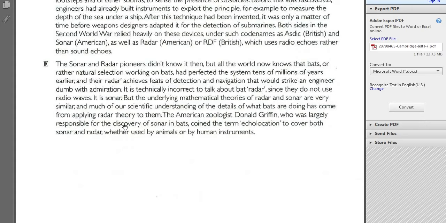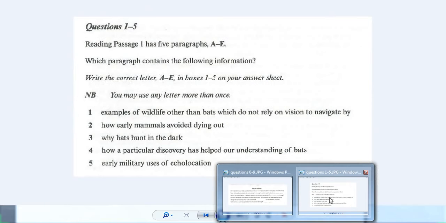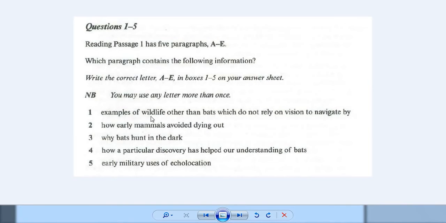Here it is. So that would mean that, if I need to find an answer about a discovery, I would look closely here. So that's an important factor, that there are keywords in the question, and these keywords need to be matched with keywords in the text.